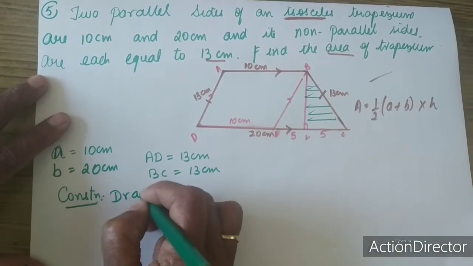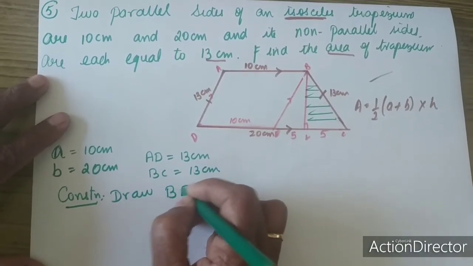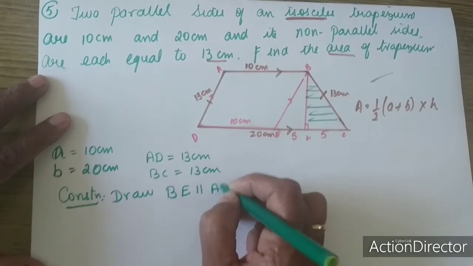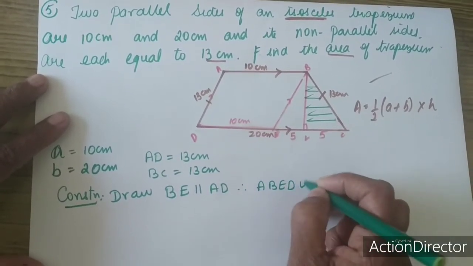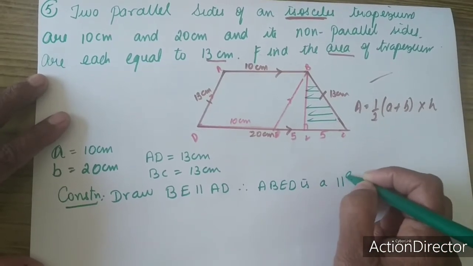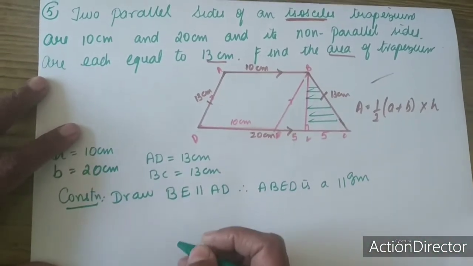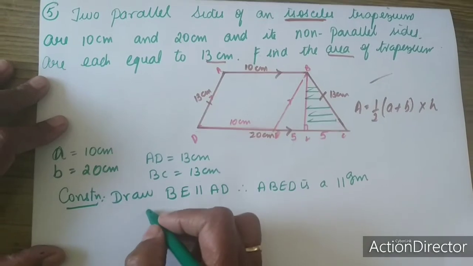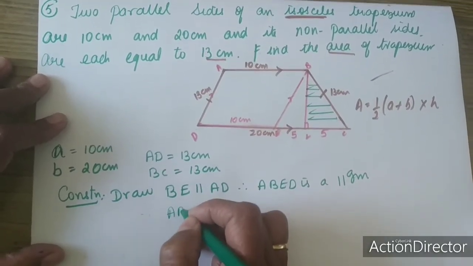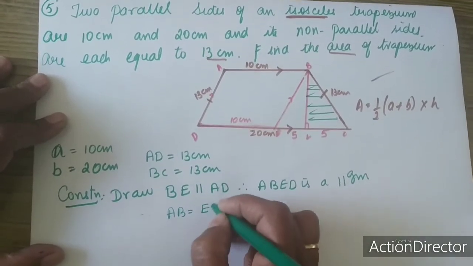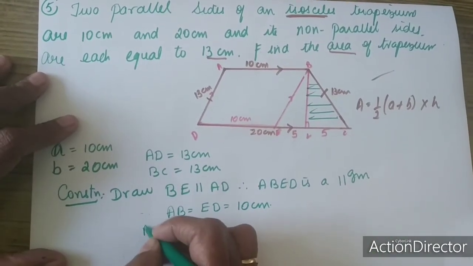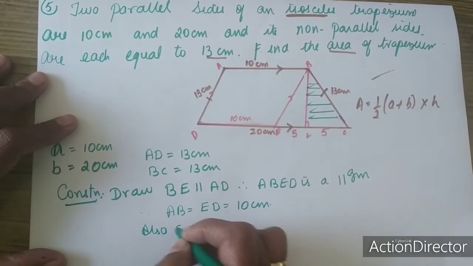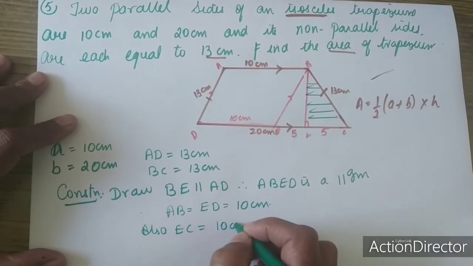Draw BE parallel to AD. Therefore, ABED is a parallelogram. Therefore, AB is equal to ED is equal to 10 centimeter. Also, EC will be equal to 10 centimeter.